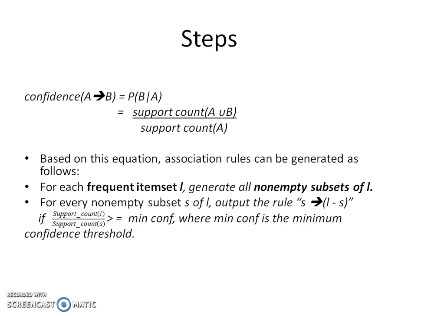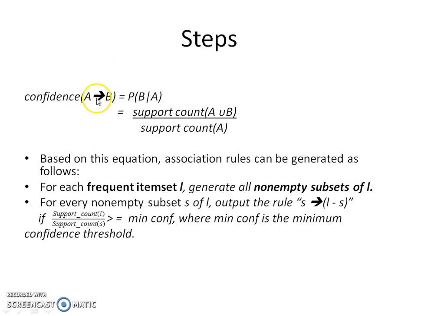What is confidence? Say I need to write a rule. An association rule will be of the form A implies B. If I need to find the confidence for the rule, we have to find the conditional probability, the probability of B given A. You will have to find the support count of A union B divided by the support count of A. This is the confidence of this association rule.